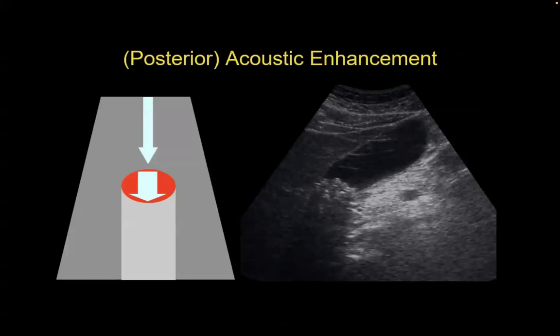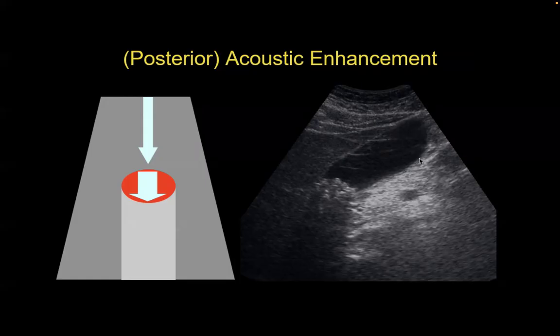There's also something else called posterior acoustic enhancement. Now, this is kind of opposite to the previous artifact. When you scan through something that is highly transmissible, like bile in the gallbladder, ultrasound waves shoot through and all that energy lands on the posterior aspect of the gallbladder wall.